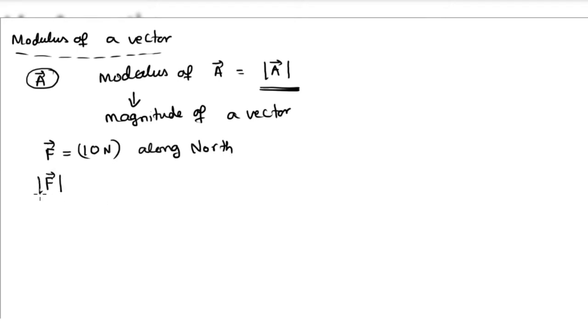The magnitude of F, or the modulus of F, is equal to 10 Newton. Only write the magnitude. Modulus means the magnitude. Don't write the direction. Ignore the direction. Write only the positive value. F equals 10 Newton, the magnitude of the force. Is that clear? Now the next definition is unit vector.